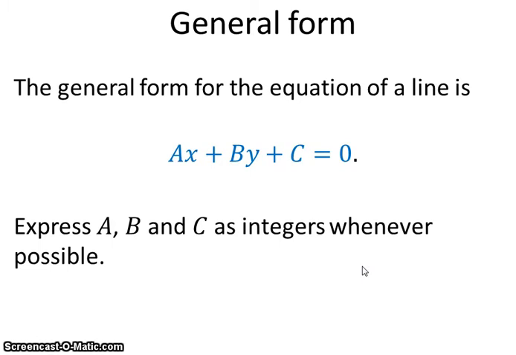And we're going to try to express a, b, and c as integers. That will almost always be possible unless you're given a line at the beginning or points that are already irrational numbers. But in this case, if our points are whole numbers or integers or fractions, we'll be able to express our general form with integers as a, b, and c.